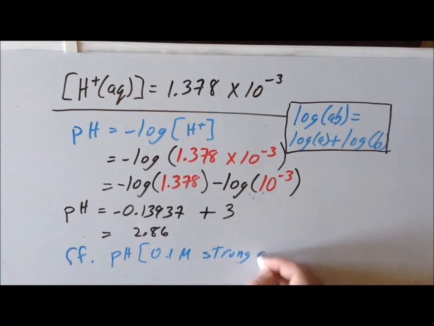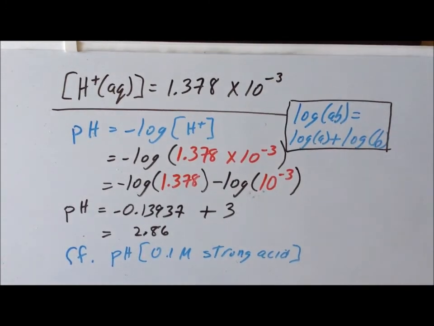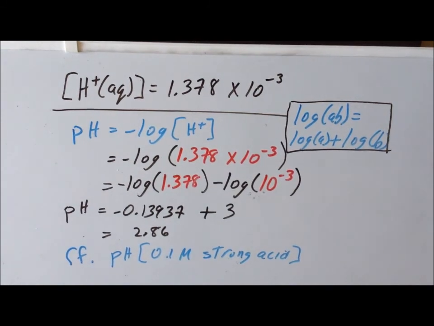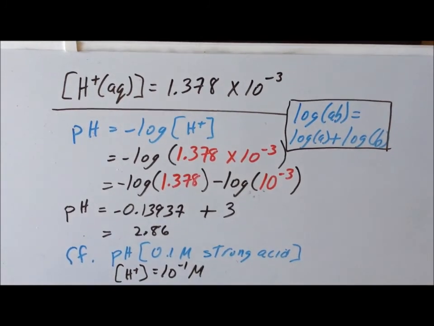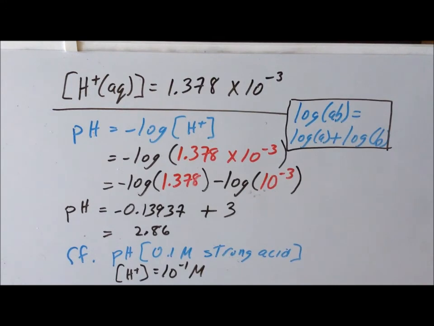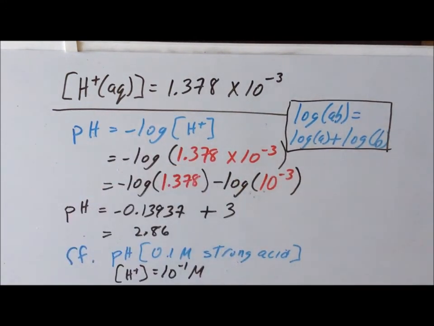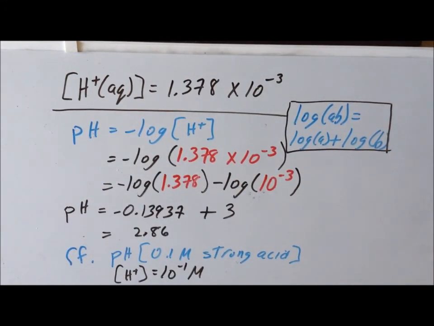Well, again, this is one of those problems that we can do in our head and we should get used to it, because we can always write a concentration of 0.1 molar as 10 to the minus 1 molar. Since it's 10 to the minus 1 molar, if we use our definition of pH as minus log of H plus, this tells us immediately that such a solution would have a pH of 1.